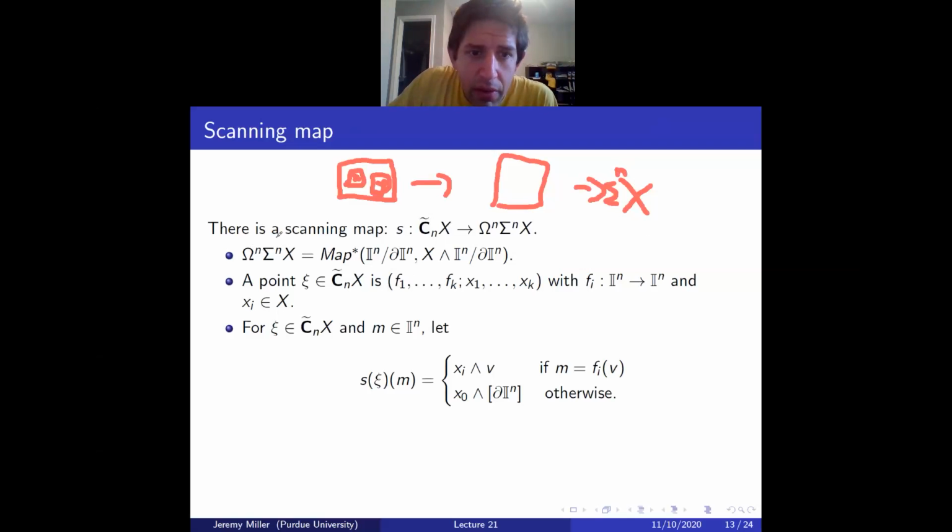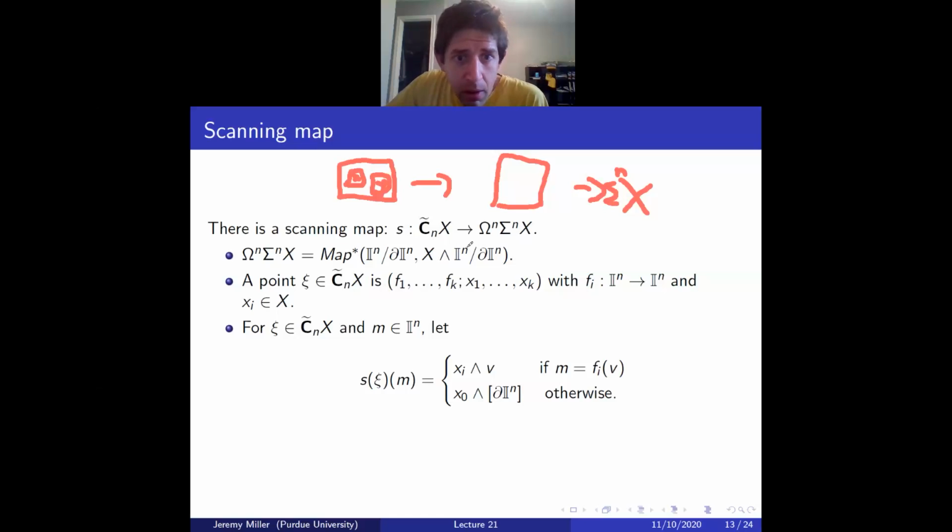Yeah, so we'll think of this loop space as the space of maps from a cube rel its boundary to X, smash the cube rel its boundary, basic maps. And remember, smash product is the quotient of the Cartesian product, where you mod out by the base point in one space across anything.